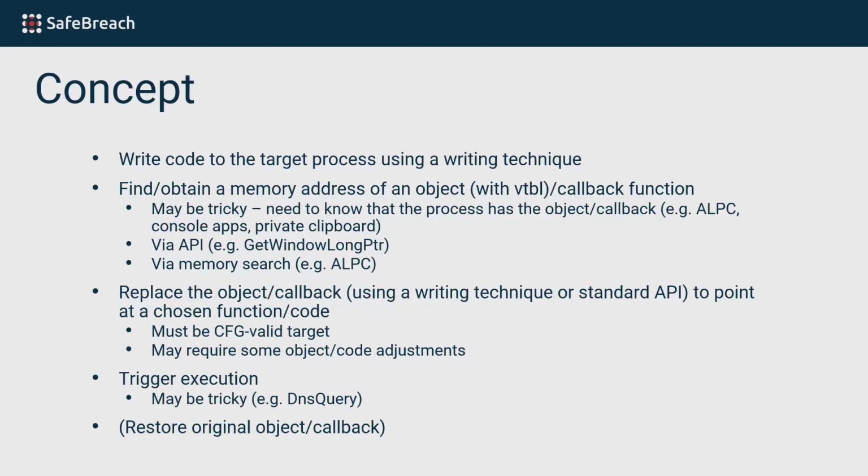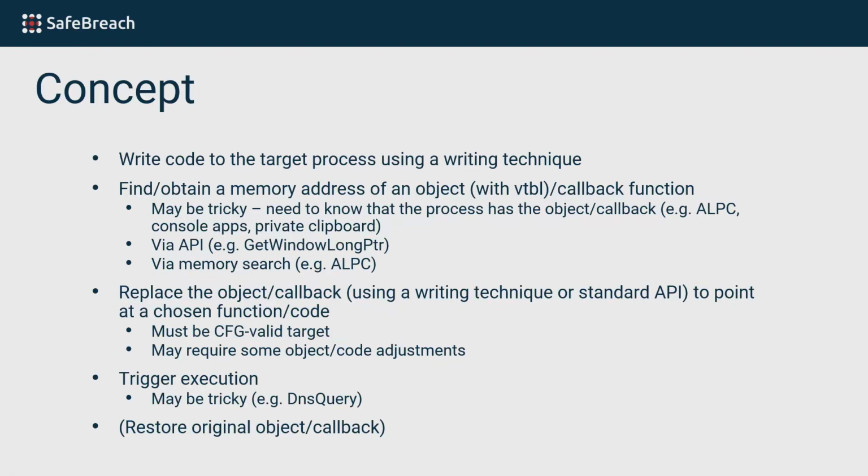Once this object is found, we replace the object or the callback function using one of the writing techniques or using the standard API if it applies, like SetWindowsHookEx, SetWindowLongPtr, to point at our chosen function or code.